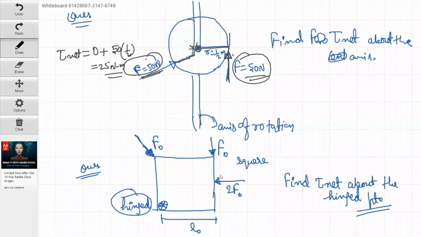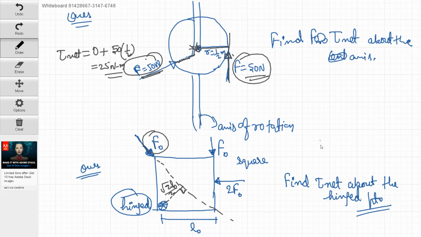Now, a square. So what is the torque of this force? This is the line of force, and the perpendicular distance is this one. So what is this distance? The diagonal is root 2 L naught, so this is root 2 L naught by 2, isn't it?